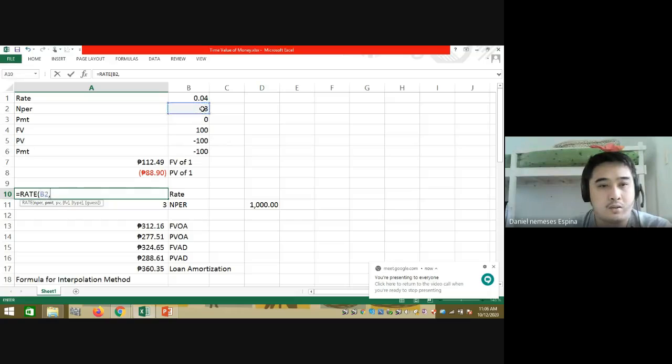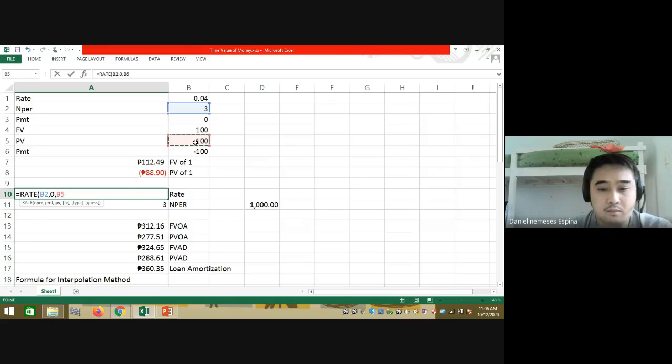The payment, we'll use the lump sum. It's a lump sum that we already computed. So payment is 0. The present value is negative 100. The future value of that is 112.49.